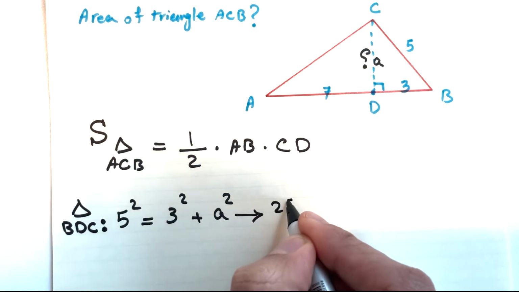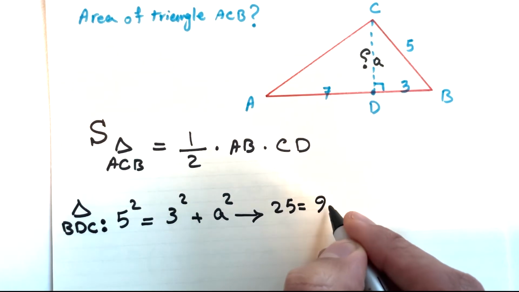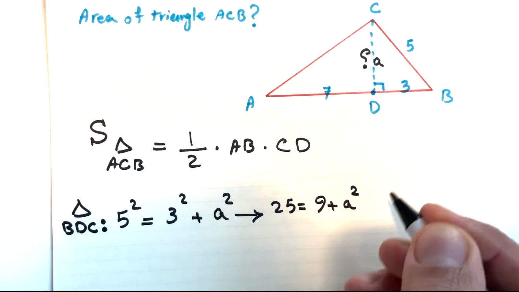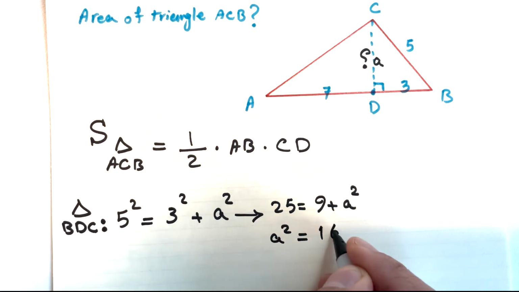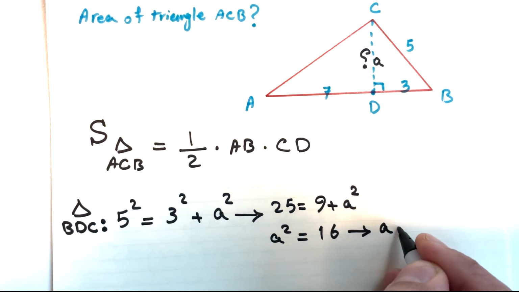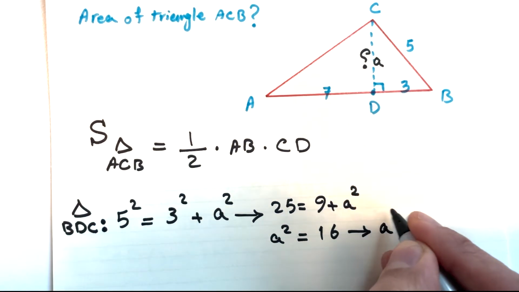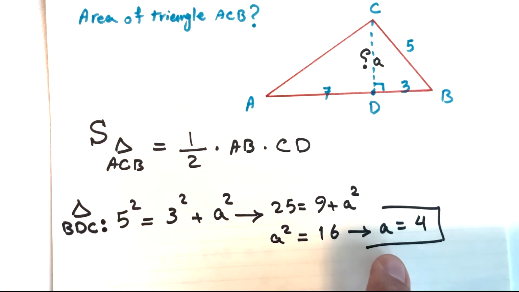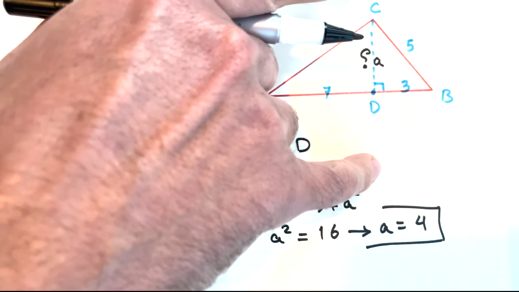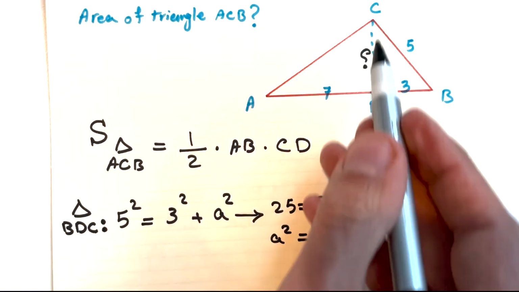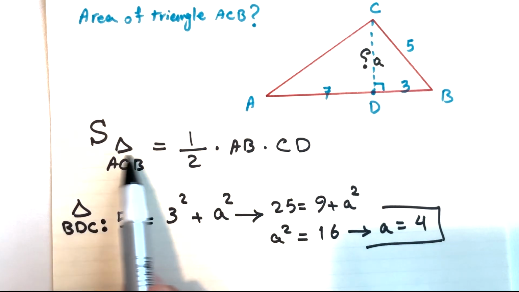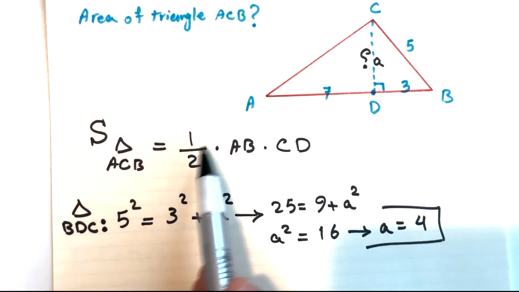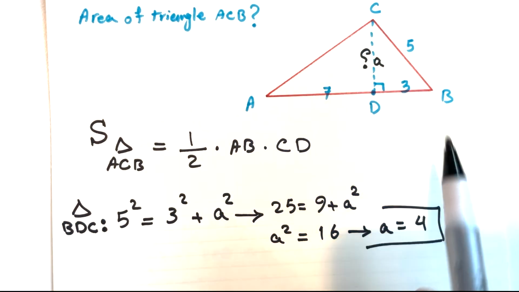So 25 is equal to 9 plus A square. A square will be 16, which means A is equal to 4. So now I have the A, which is the length of line CD, which was this length that I needed to calculate the area of triangle ACB.